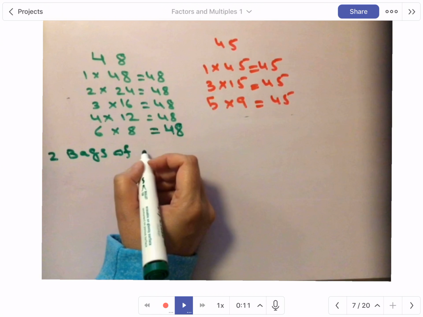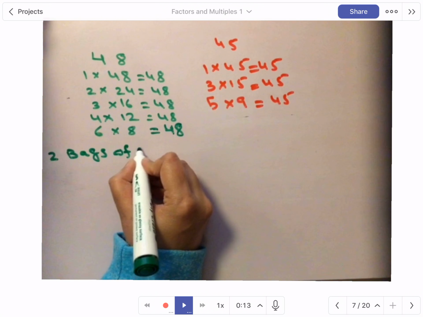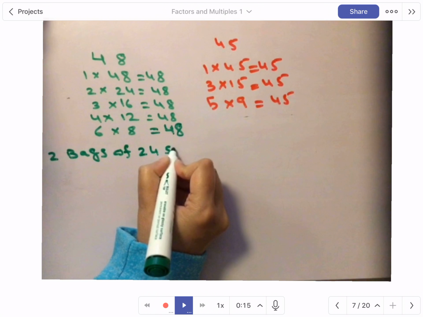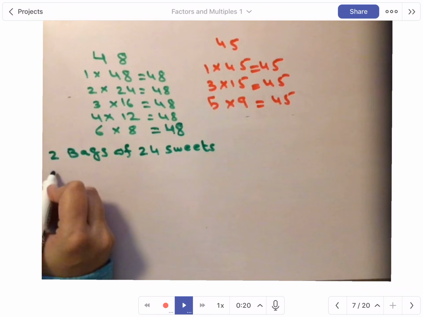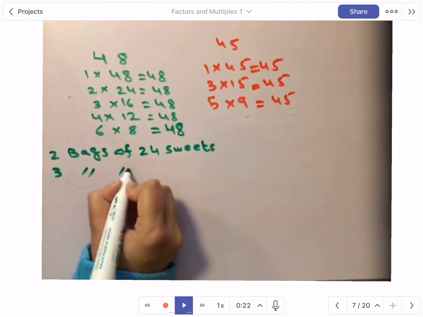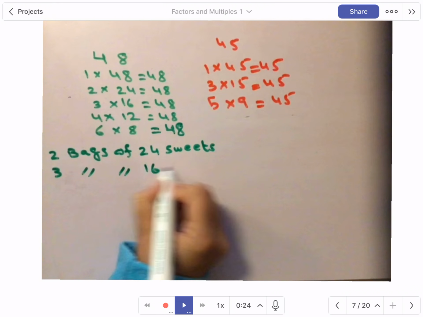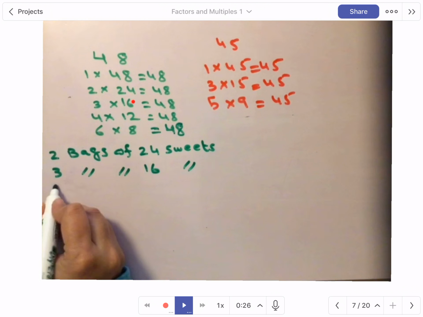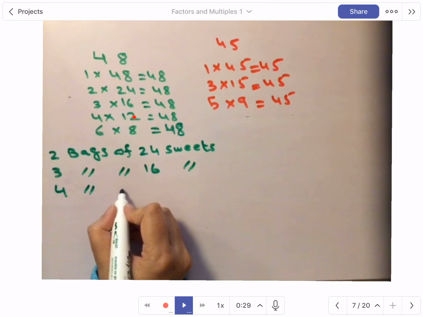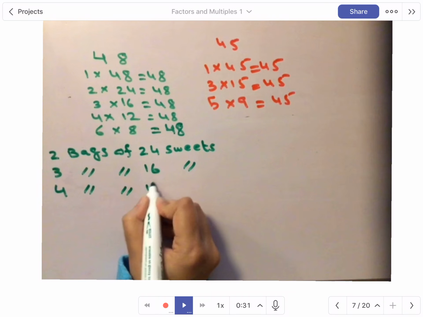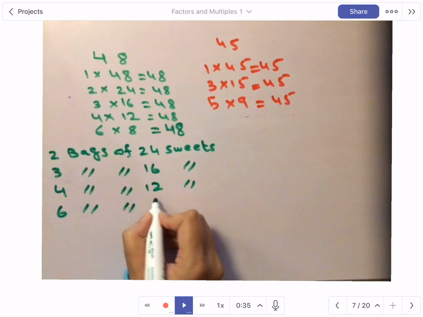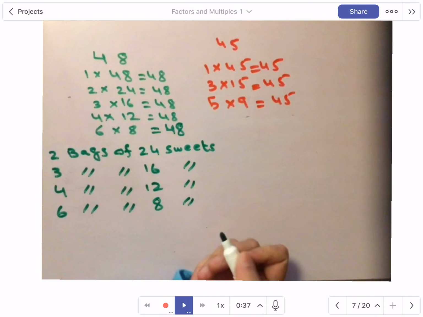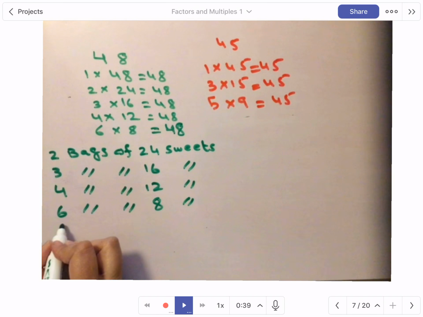Peter can make 2 bags of 24 sweets each, or 3 bags of 16 sweets, or 4 bags of 12 sweets, or 6 bags each carrying 8 sweets. Or it can be vice versa.